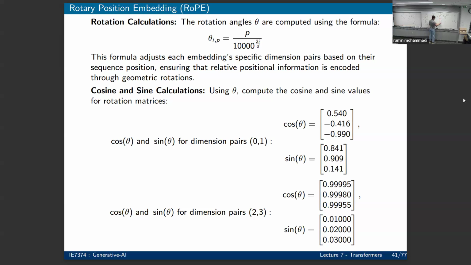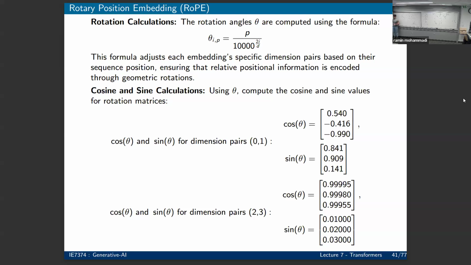We are still on the 0, 1 pair. Then you pass that to the same equation, this time to a sine after that. So you find the theta and pass it to a sine. You get 3 values. So for pair 0 and 1, you learn 2 things, sine and cosine.